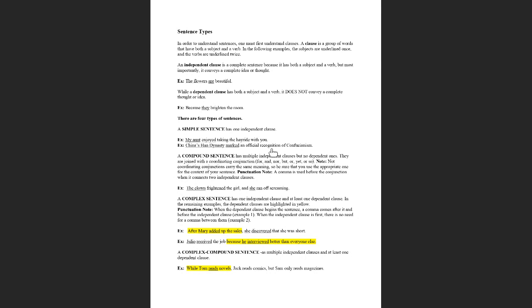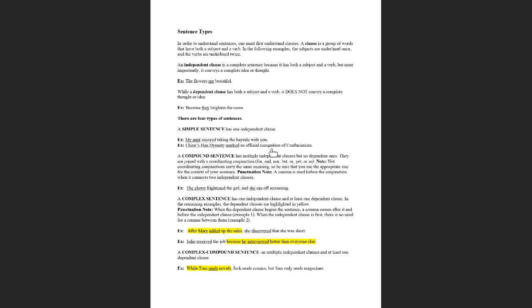A compound sentence combines two simple sentences by using something called a coordinating conjunction. There are seven: for, and, nor, but, or, yet, and so. However, keep in mind that these conjunctions don't all mean the same thing.